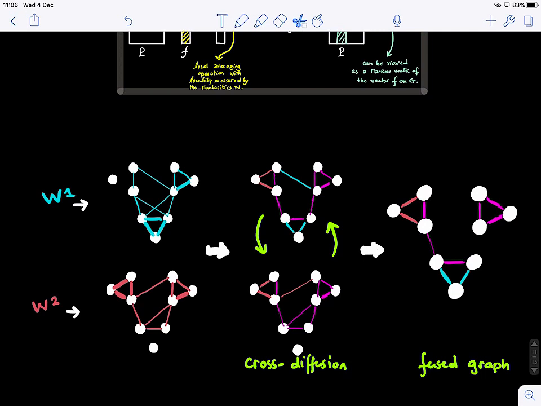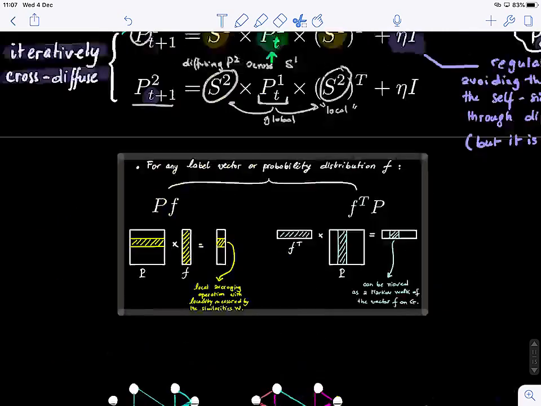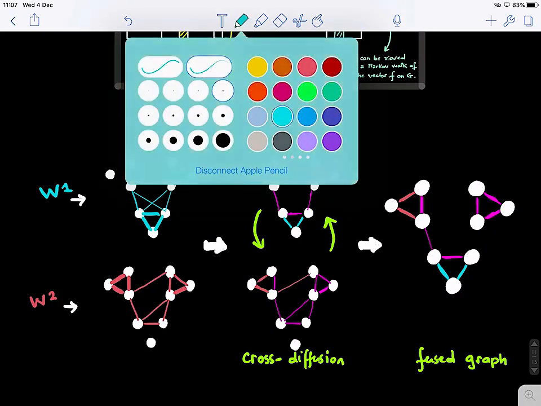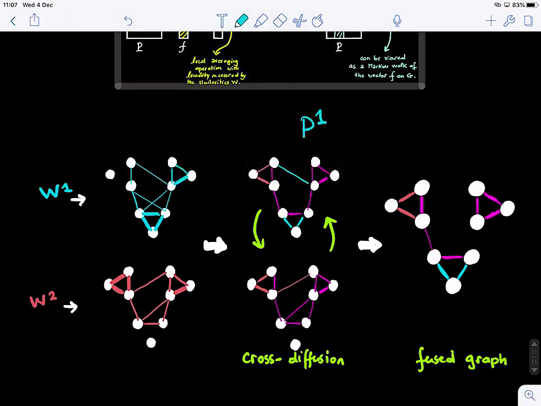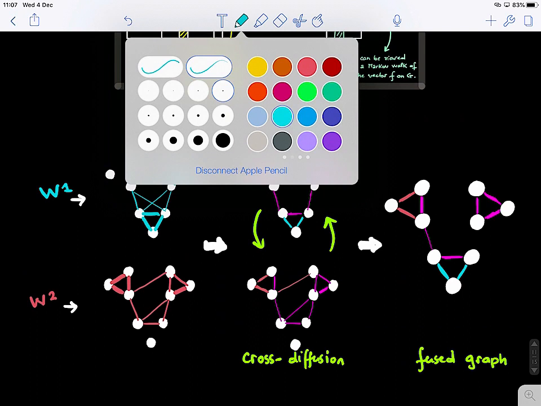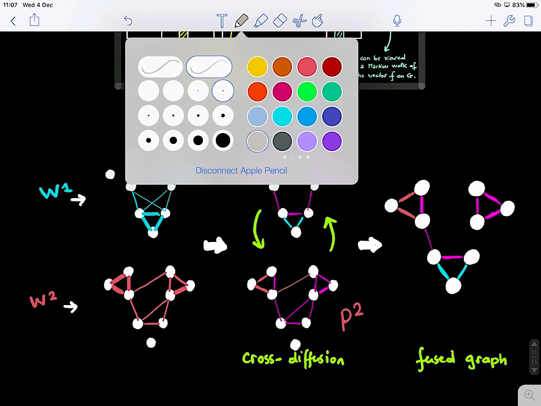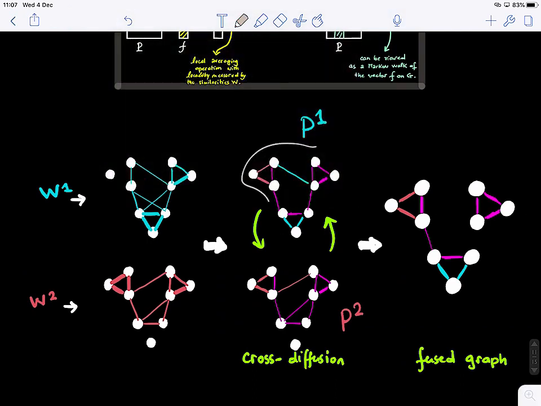And then slowly we do the cross-diffusion by iteratively updating the P1 of this matrix, and then iteratively updating the P2 of this graph. Through this cross-diffusion, after several iterations, we will get the final graphs. And after getting these final graphs cross-diffused, we can just average them. That's how we get the fused graph.